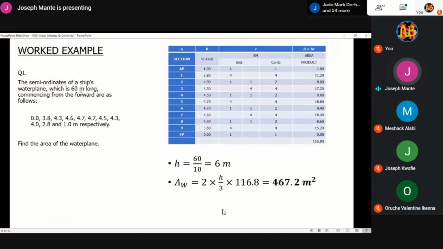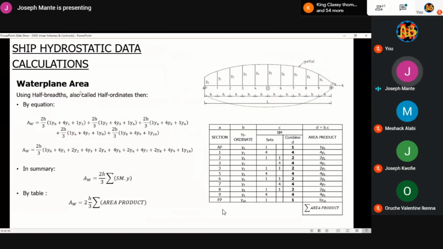Based on the number of coordinates that you have, you divide the 60 by that number, then you are able to get the equal interval. So the h is basically the interval from your aft perpendicular to your forward perpendicular. Do you get it now? Yes, I get it now.